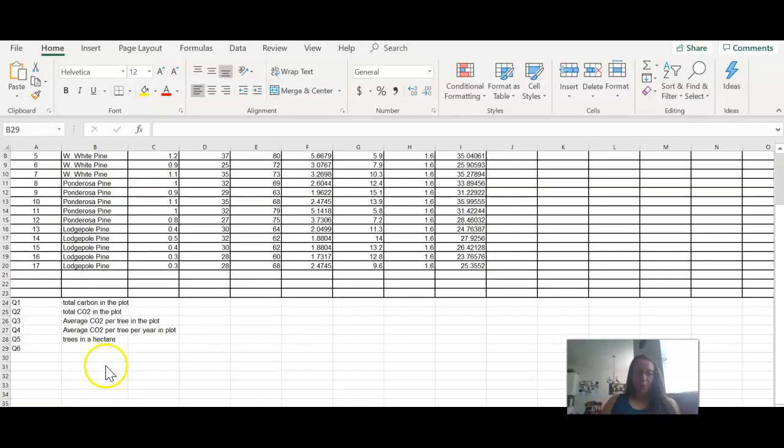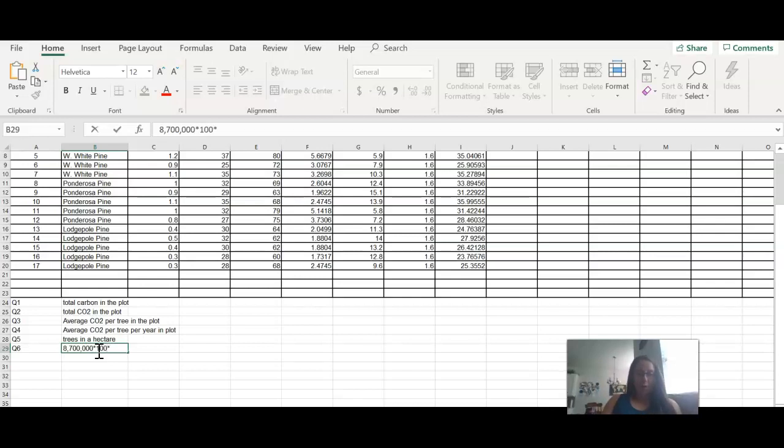Okay, so what we want to find out here is how much carbon dioxide is sequestered in all of Idaho's forest land. So they told us that Idaho's forest land has 8,700,000 hectares. So first, we know that our plot is only 1/100th of a hectare, so we need to multiply that times 100, right?